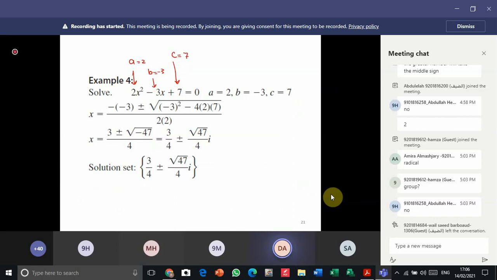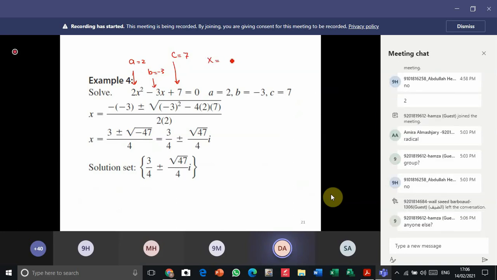Okay, so x equals what? Minus b over, this is the quadratic formula, plus or minus radical b squared minus 4ac, over 2a. So replace a by 2, replace b by -3, replace c by 7.